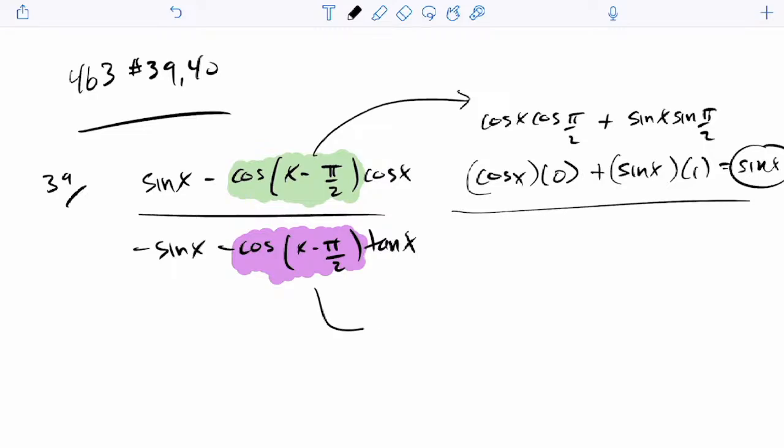And then likewise, you can do it with this one. So this is going to be cos x, cos of pi over 2, which I did already. So this one we already did, which I did in class. I messed up too. So it's the same answer here. This is equal to sine of x. So I can get rid of this.